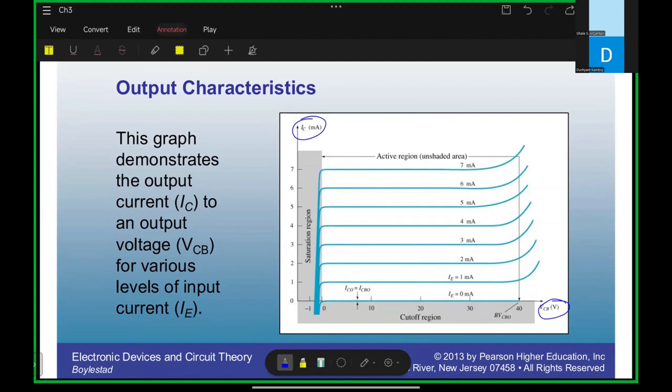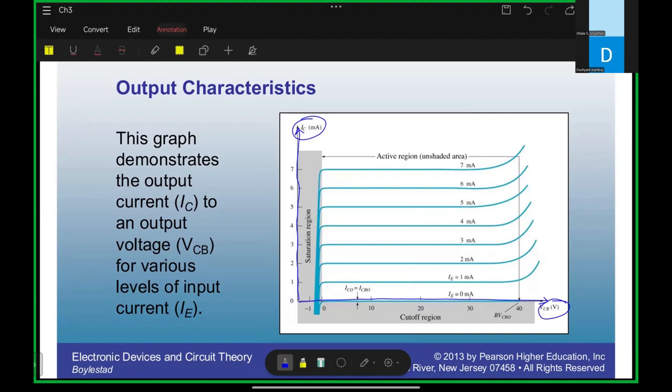VCB. So basically these characteristics of the transistor are called output characteristics. In case of which configuration? The common base configuration. Very good.